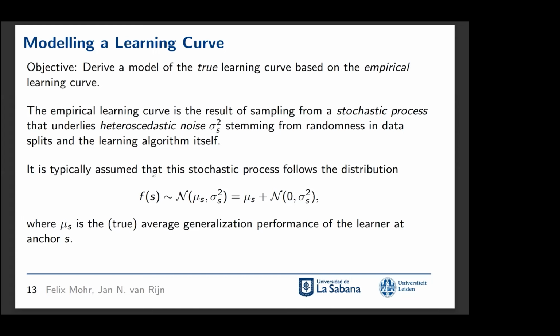To understand how this is done, first it's important to understand that the empirical learning curve itself is the result of a stochastic process in which you are sampling performance estimates at different anchor points. Because as we know, once more, what's the learning curve? It's saying what's the out-of-sample performance at some training size or at some iteration size, but we know that we cannot compute this. So we must sample this. So this introduces stochasticity.